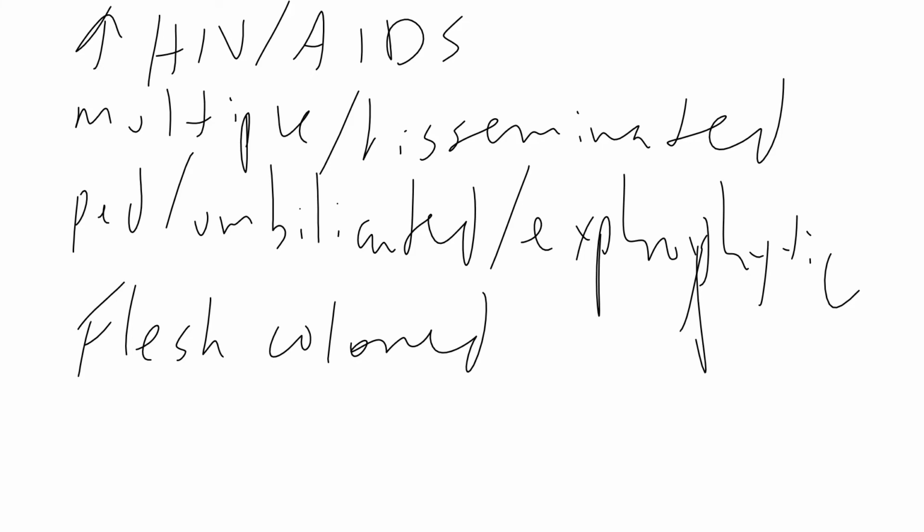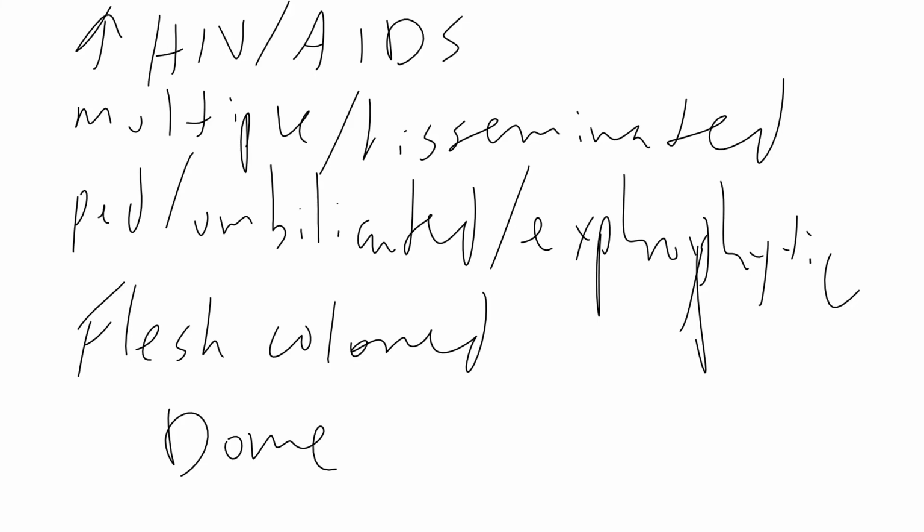Exophytic, flesh-colored, umbilicated lesions, dome-shaped lesions. These are all buzzwords that you need to remember for Molluscum contagiosum. All right, and remember it can be spread, and if it's on the penis, it's actually considered an STD. Molluscum contagiosum on the genitals is considered an STD.